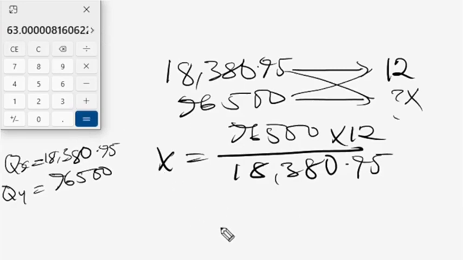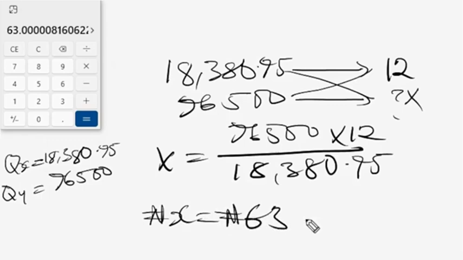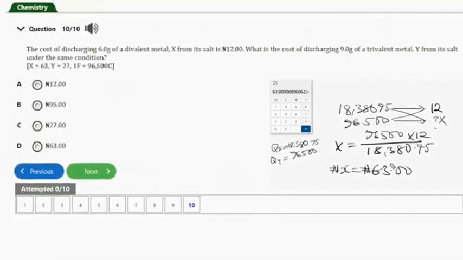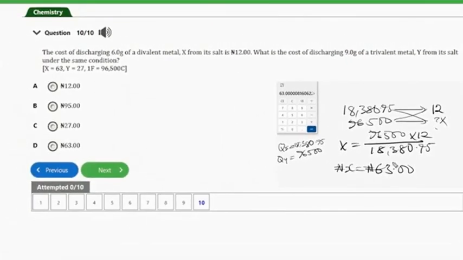So this will be 63. So it means that X naira is 63 naira. So this will be the amount that will be required to discharge 9 grams of the trivalent metal Y. So that's it for this question. That will be the end of this video, guys.